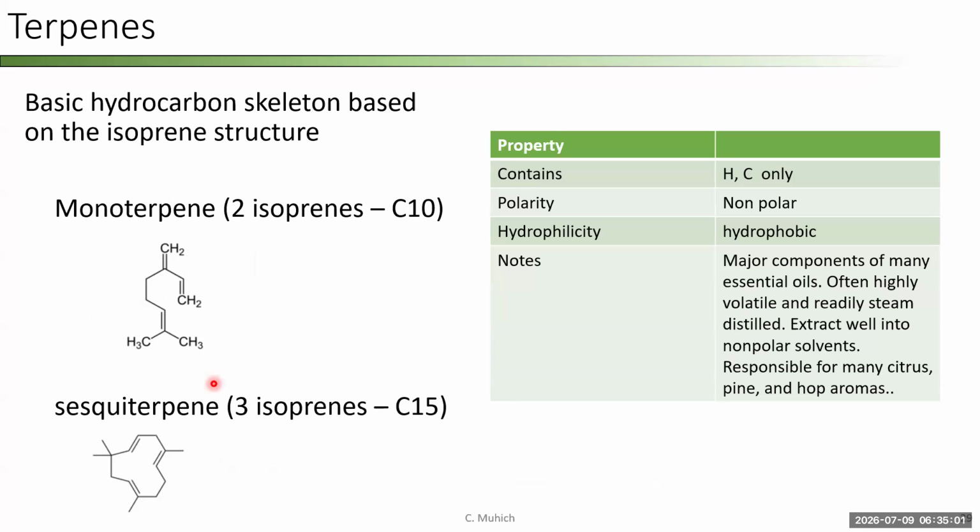These often form major components of essential oils, and they tend to be highly volatile because there are weak intermolecular bonds. This makes them highly amenable to extraction by steam distillation or nonpolar solvent extraction. In general, we can associate these pure terpenes with citrus, pine, and hops aromas and flavors.